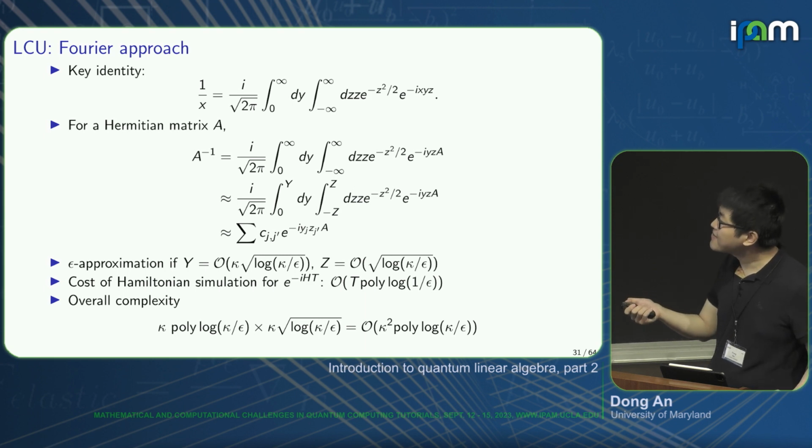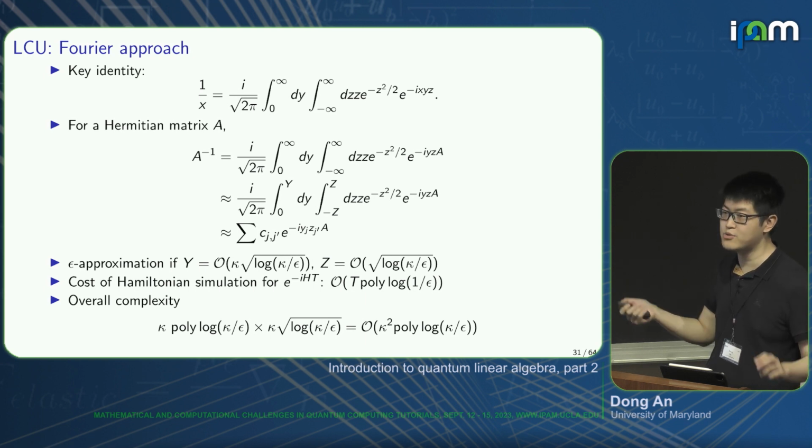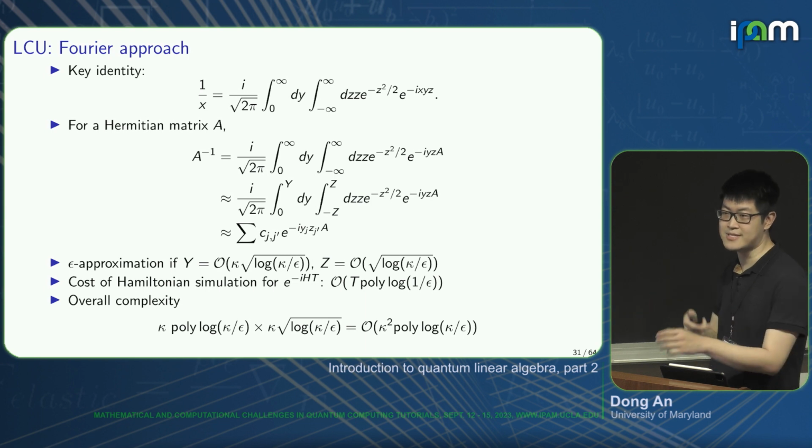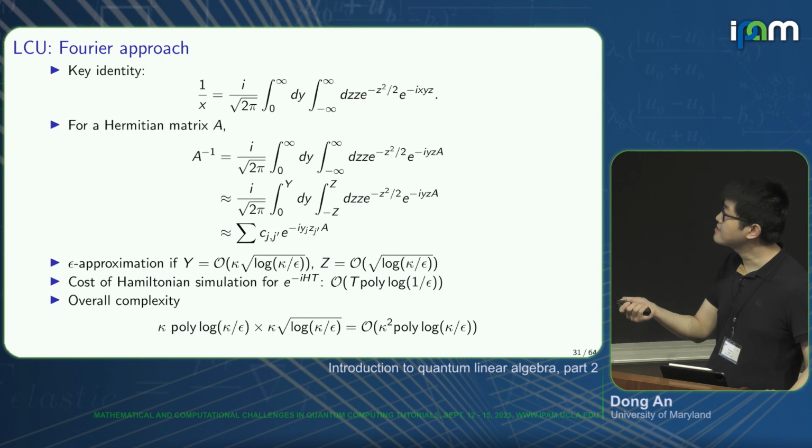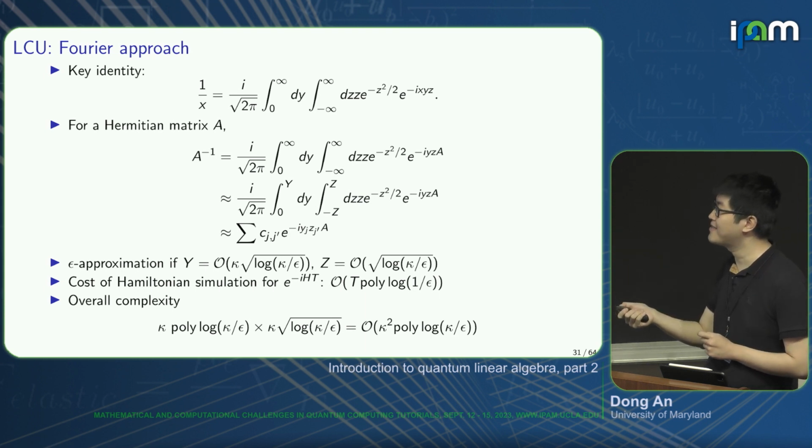Then after this equation, on the left-hand side, we replace this x by A. Remember that here we have a Hermitian matrix A. So basically the matrix function is defined on its eigenvalues, so we are just doing some eigenvalue transformation. So A inverse is given by the right side, where I just replace this x by my matrix A. And if we look at this integral formula, it is just a continuous linear combination of unitaries, right?